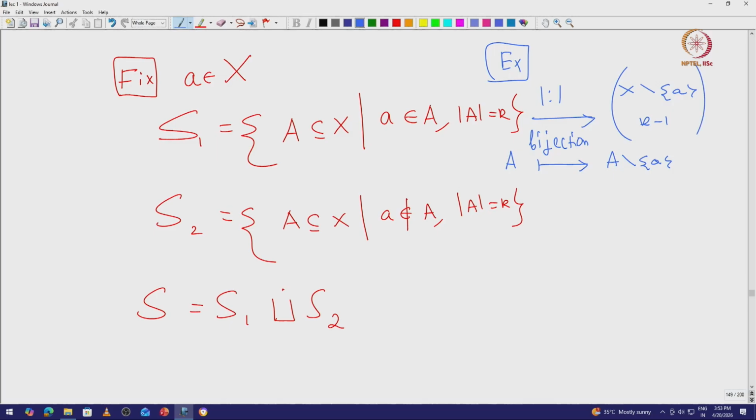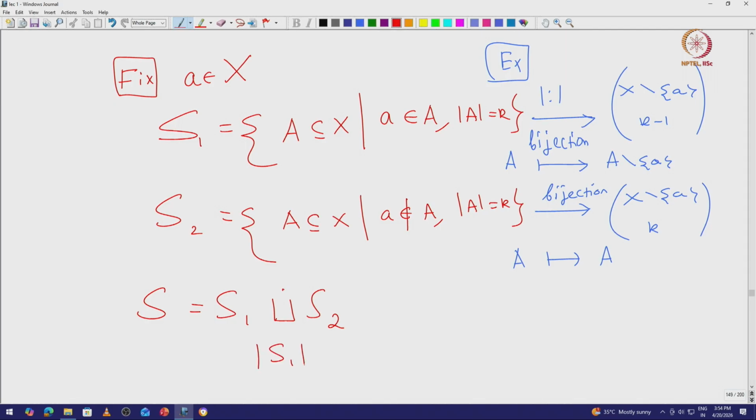So, this map A goes to A difference a gives you a bijection between S1 and this known set. Similarly, you can see that there is a bijection between S2 and the following: X difference a choose k. So, you can send A to A. Okay. And these bijections tell us how to count this S1 and S2.